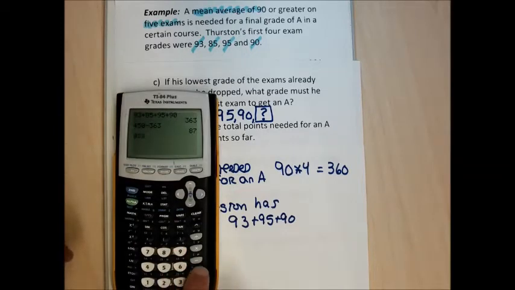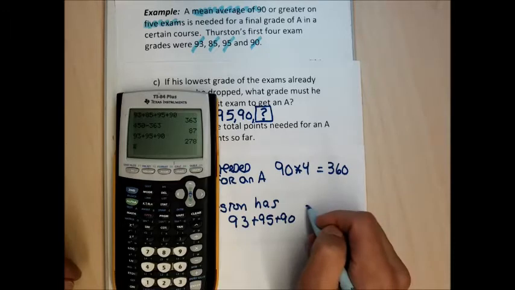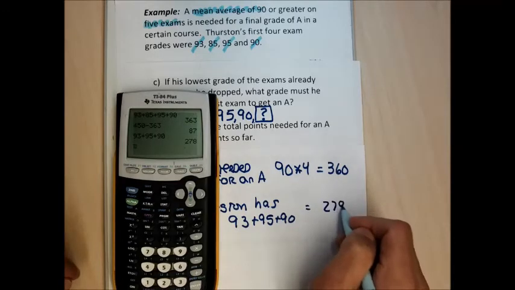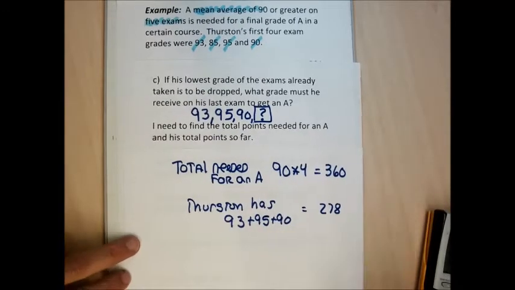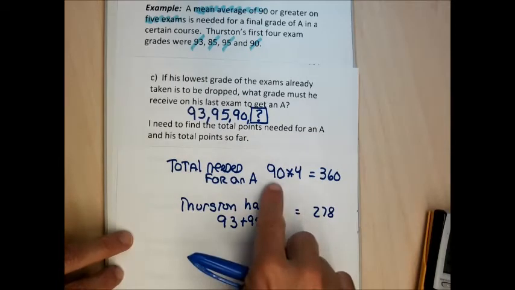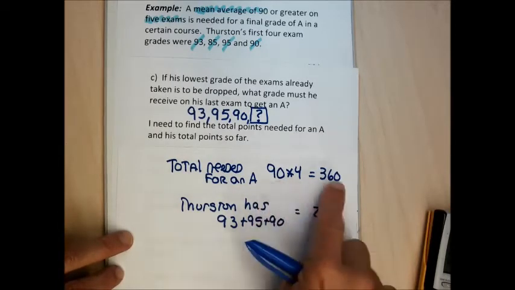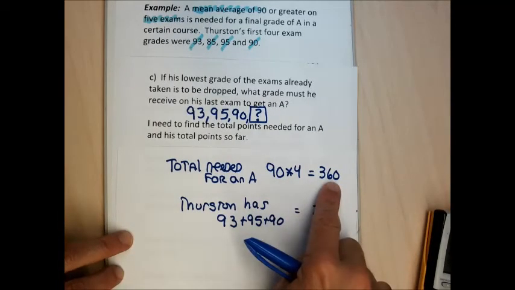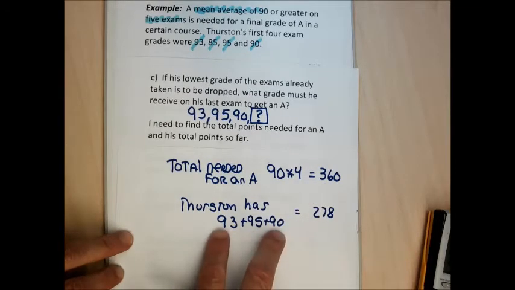And for this situation where we drop that low score, then I have to drop it from Thurston's total. And so now Thurston needs to do an average of 90 on his best 4 tests or get 360 points to get an A. So far, his best 3 tests are 278 points.